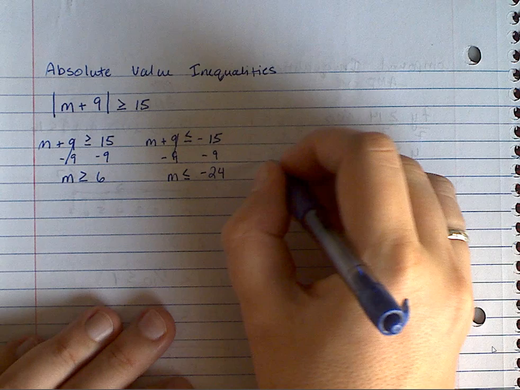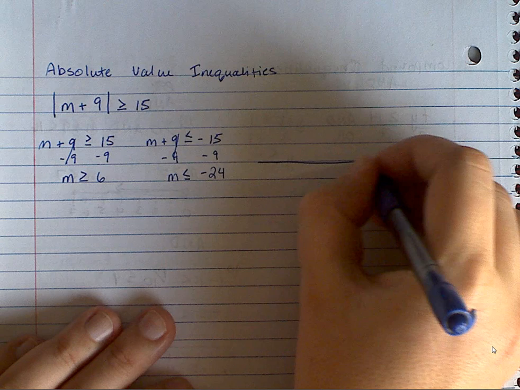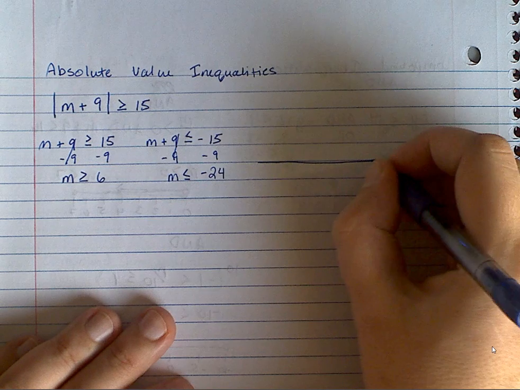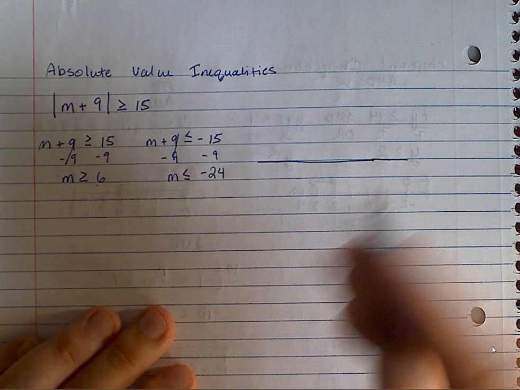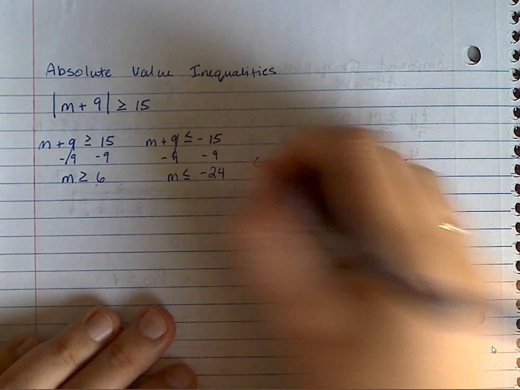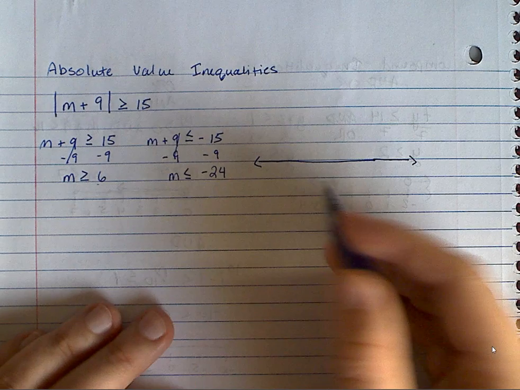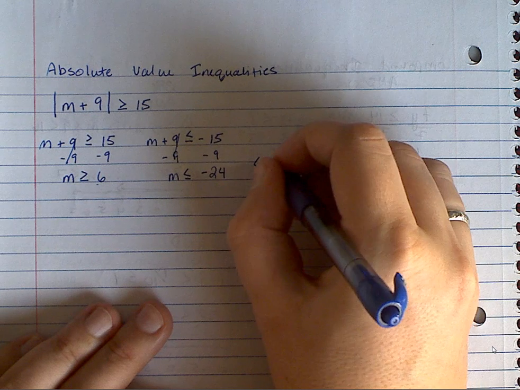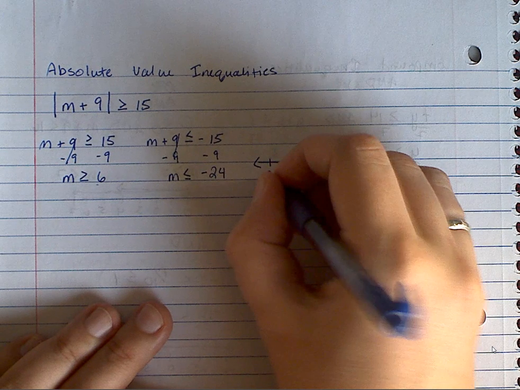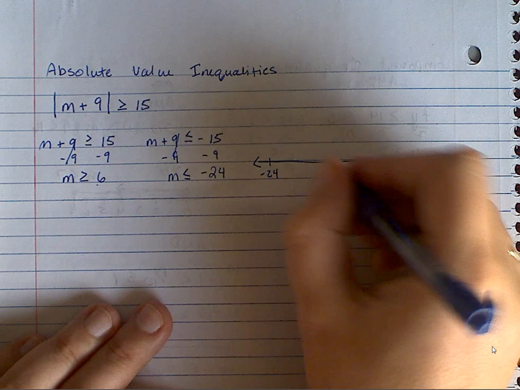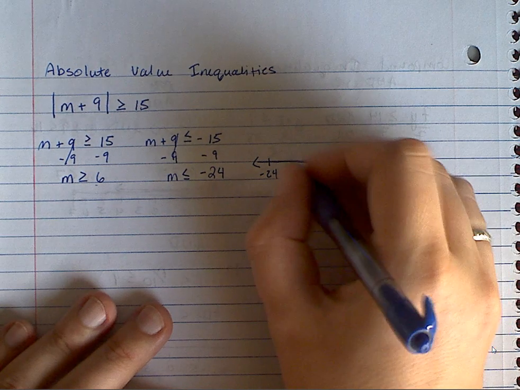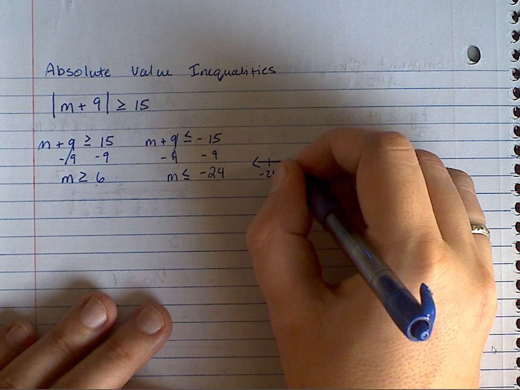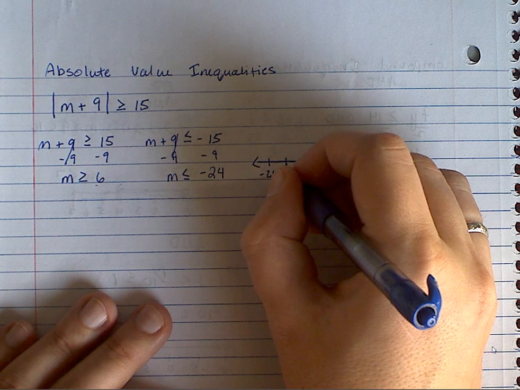I'm going to show you one thing about the way that the arrows point here too. I picked these two numbers that are kind of far apart, 6 and negative 24, so I need to be able to accommodate both of those on my graph. Let's count by 6s. I'm going to put negative 24 way down here, then negative 18, negative 12, negative 6, 0. Here's 6.